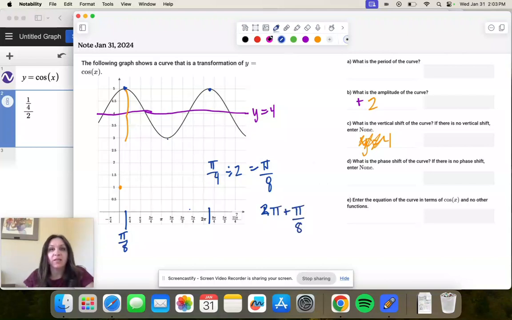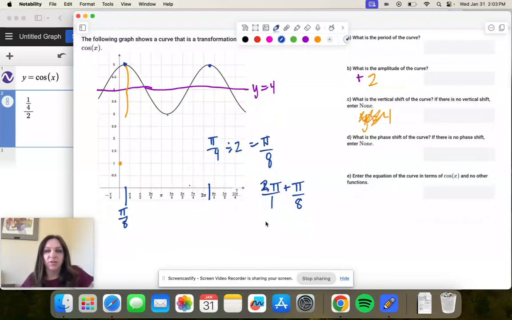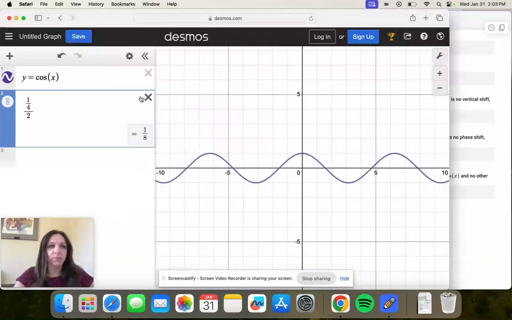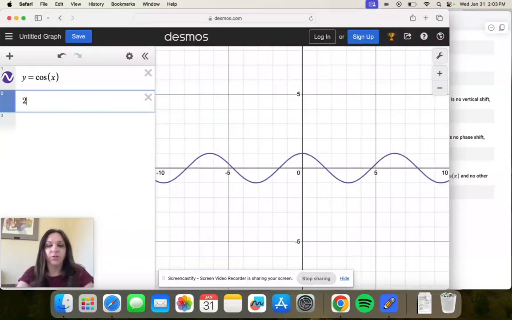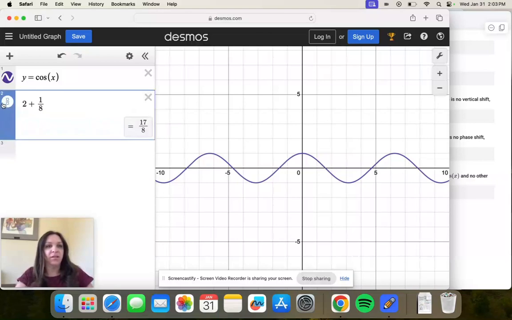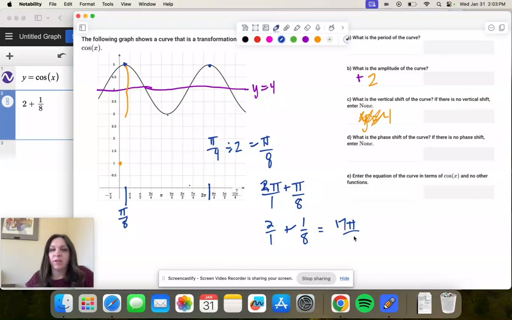So again, I like to use the calculator. So I'm going to change that to a 1 and calculate it without the pi's. So I'm going to do 2 over 1 plus 1 over 8, and then pi will be in my answer. So 2 plus 1/8 is 17/8, and pi is going to be right there.